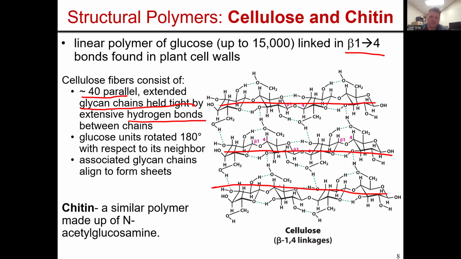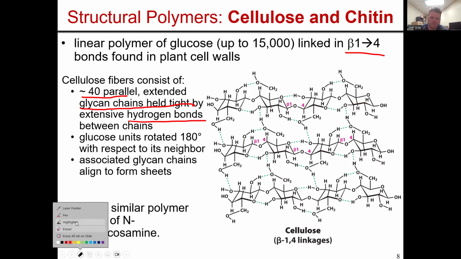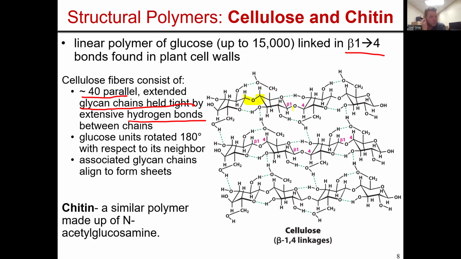Now I want to erase this because I erase all my magical markings there. And what I'd like to highlight are the hydrogen bonds that hold together our sugars. Okay, so here's a glycosidic linkage. Then here's another glycosidic linkage. Here's another.